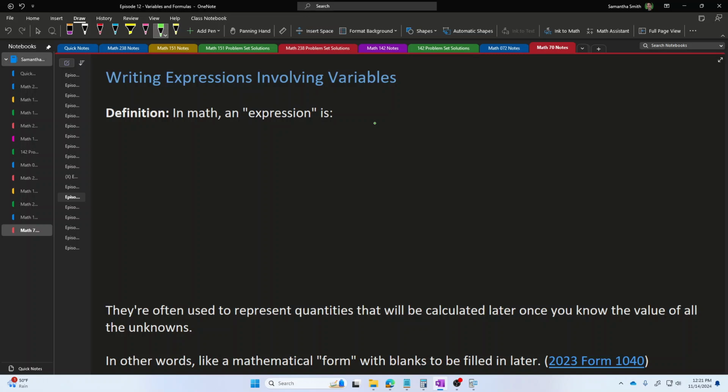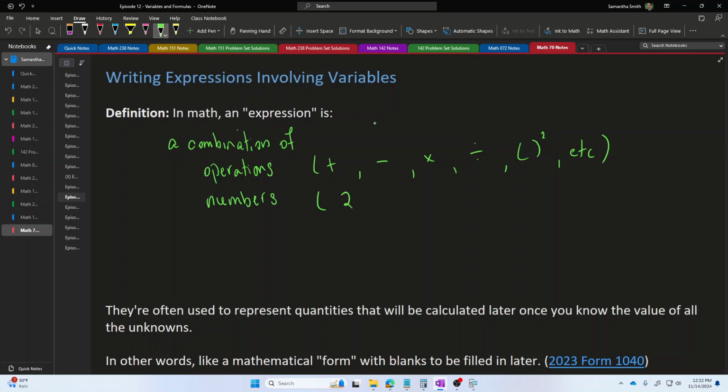In mathematics, an expression is a combination of operations like plus, minus, times, division, exponent, etc. Numbers like 2 or minus 5 or 1/4 or 0.25, etc. And variables that represent unknown numbers like question mark or x or a or l or t or whatever.